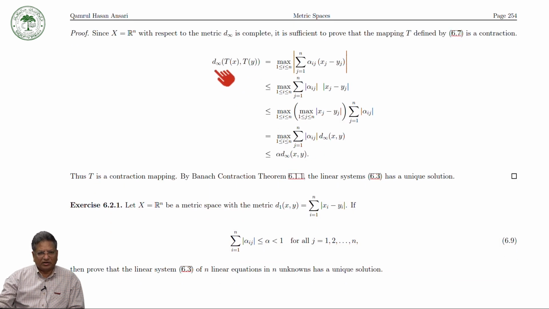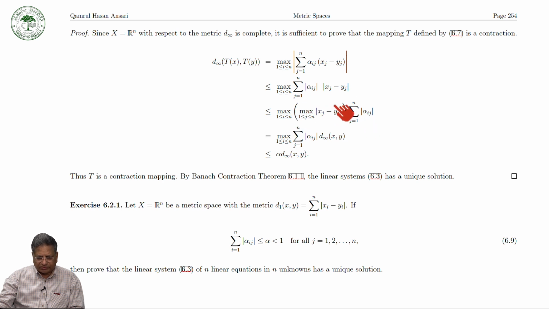So let us take d infinity(Tx, Ty), which is equal to this by the definition, and this is less than or equal to, here you can take a summation of |alpha ij| into |xj minus yj|. But here we can take the maximum over i from 1 to n and j. So here we are taking the maximum over this one, and you can take this to the other side.